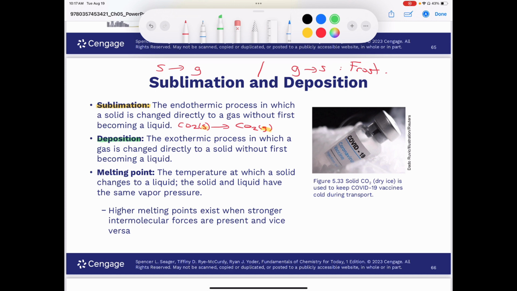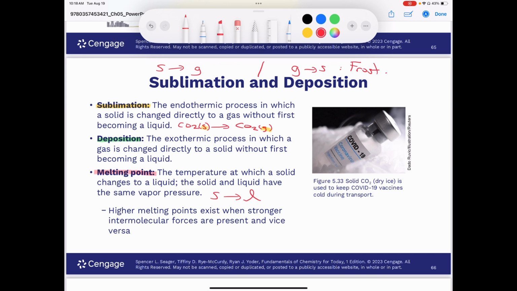And then finally, melting point. I don't think I discussed melting point a whole lot yet. So melting point is just the temperature at which a solid changes into a liquid. So if we have a solid that changes into a liquid, and the solid and the liquid have the same vapor pressure. So higher melting points exist when stronger intermolecular forces are present and vice versa. Right?